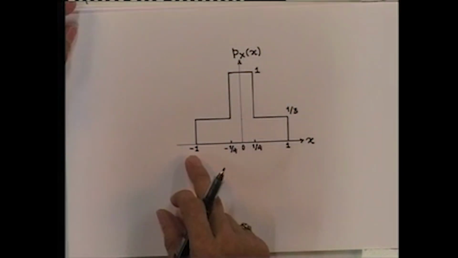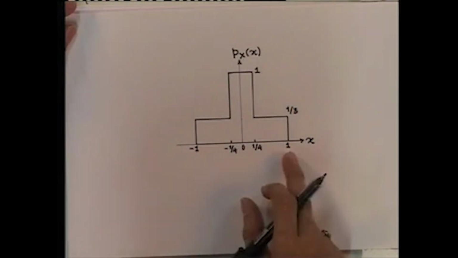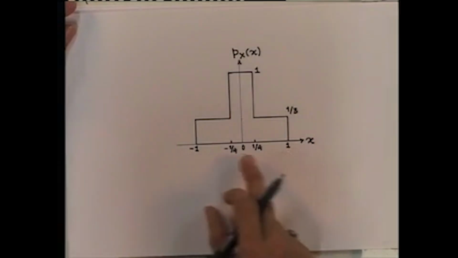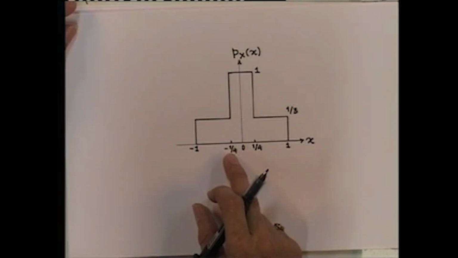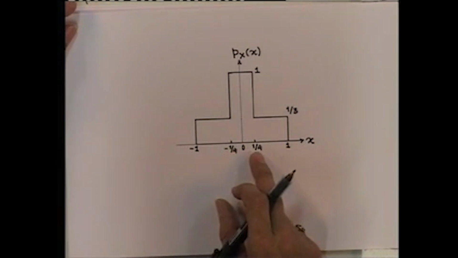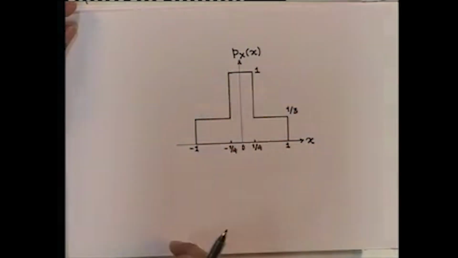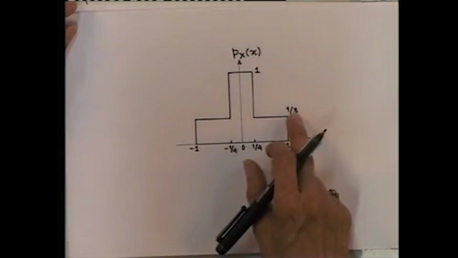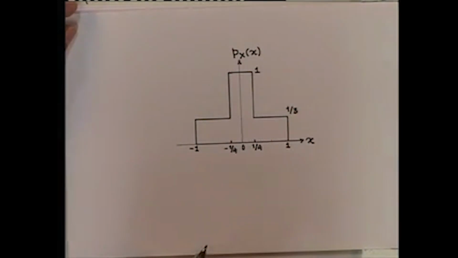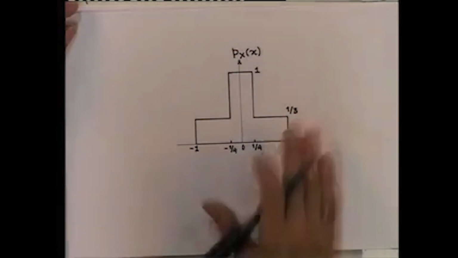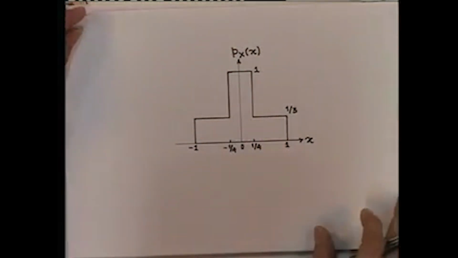So, the value is between -1 to +1, where it is uniform between -1/4 to 1/4 with the value equal to 1, and in the other interval it is 1/3. So, let us try to find the solution for this problem.